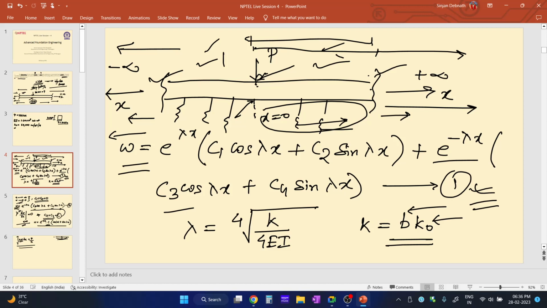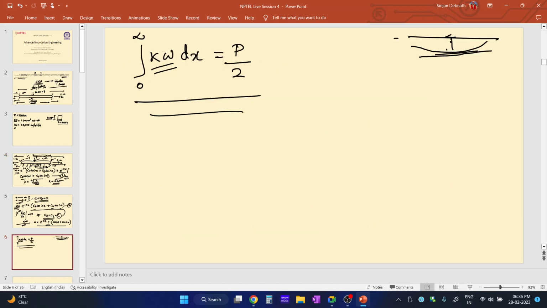The reaction force acting on the right hand part is counteracting the force that is coming from above, that is P by 2. So that is all I have written over here.